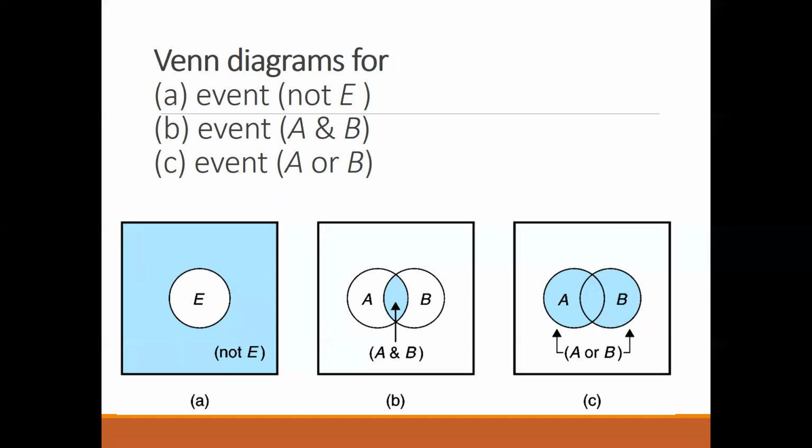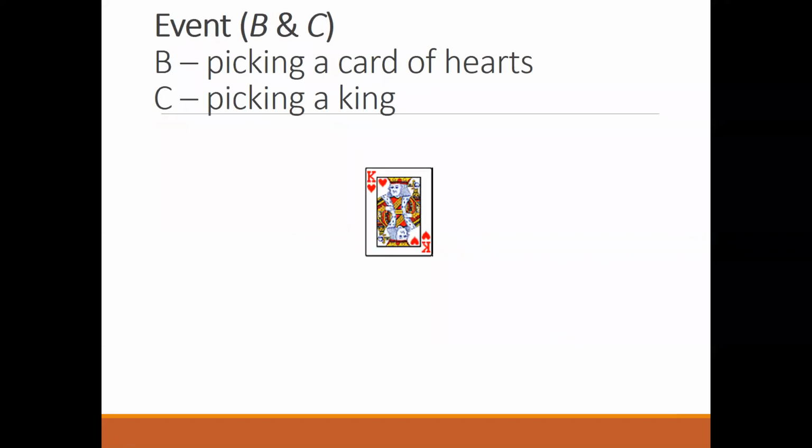Let us take some examples and then we'll move on to the rules. We have already taken an example where there were two events and we were using AND. The first event, B, is picking a card of hearts. What is the probability that I'll pick a card of hearts? 13 by 52, which can be reduced further.